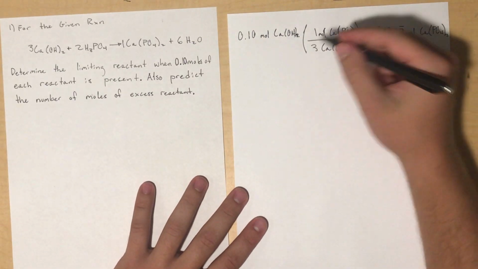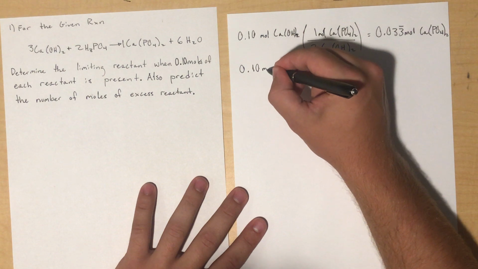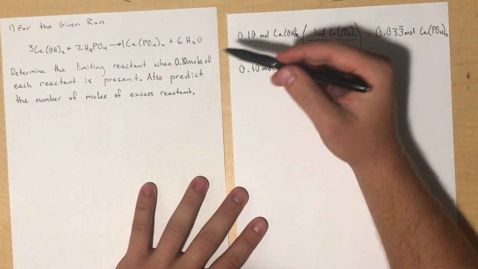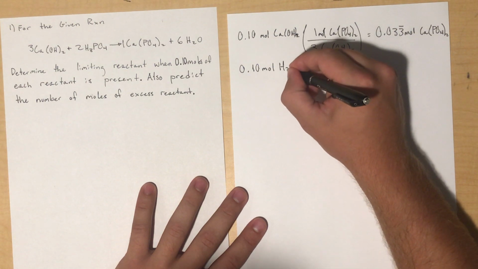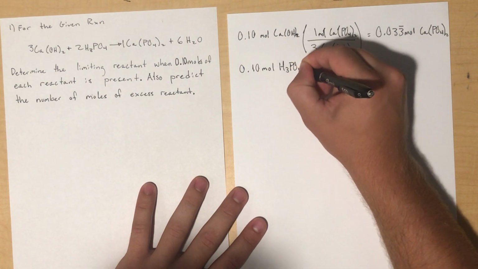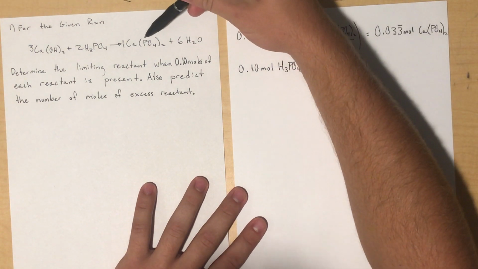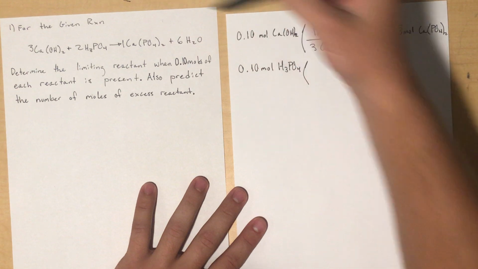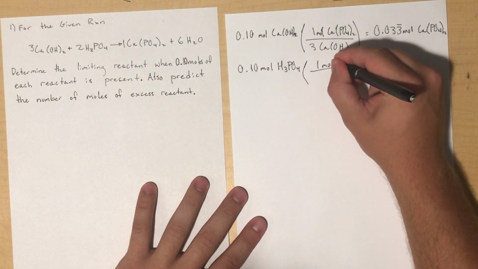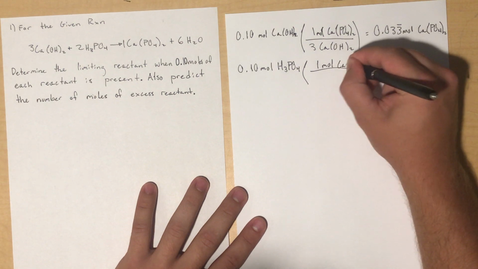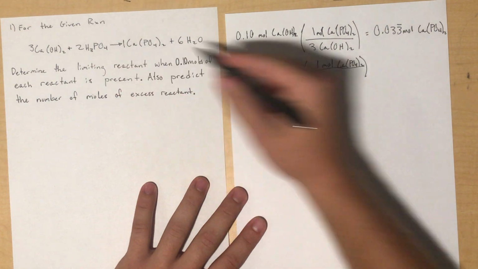So for our other reactant, we have the same amount of moles because of our problem, and when we look at the coefficients here, for every 1 mole of product, we have 2 moles of reactant.